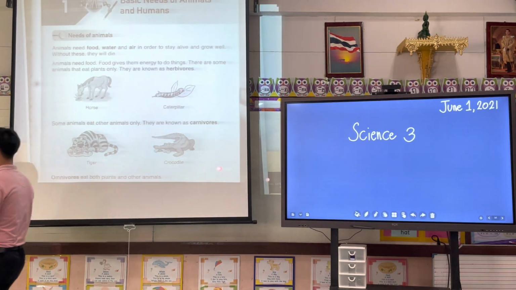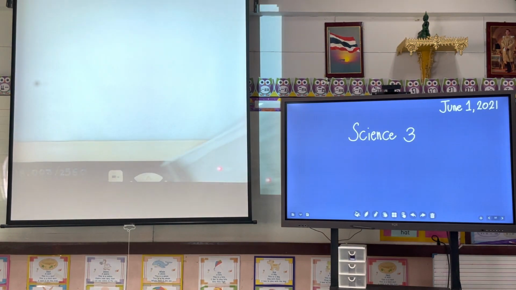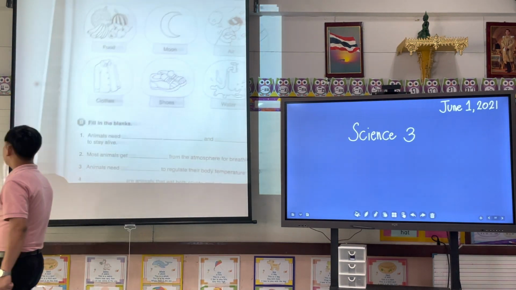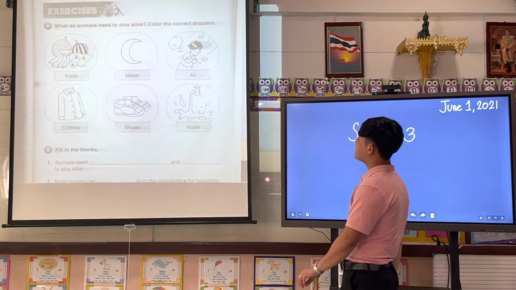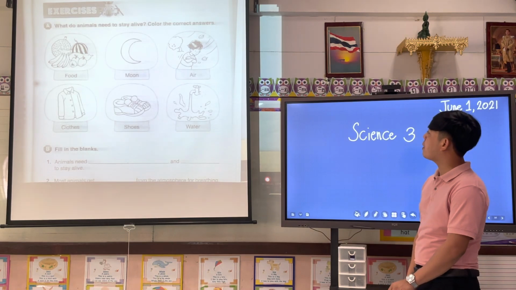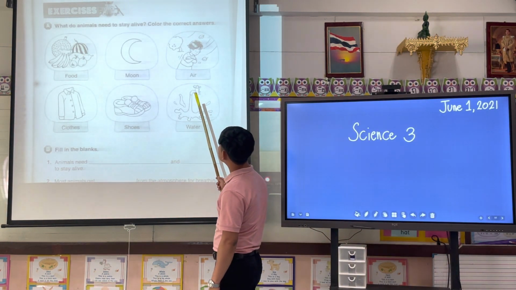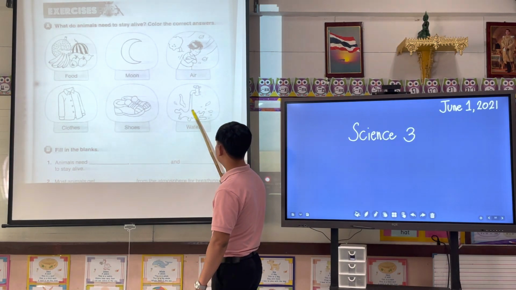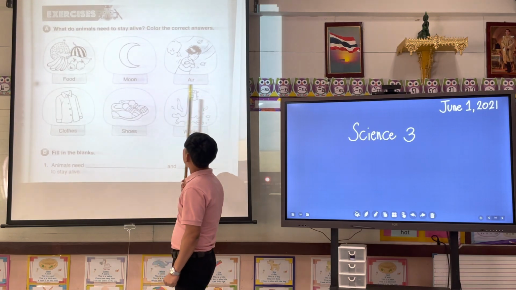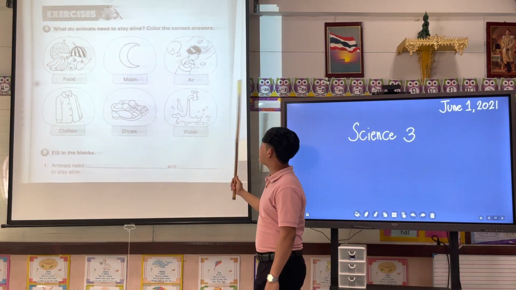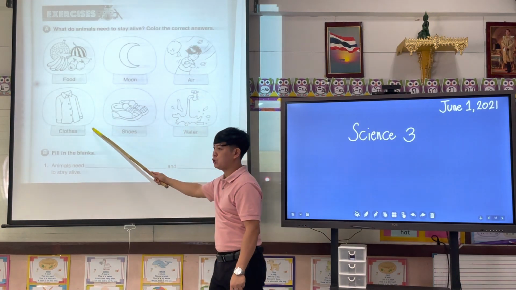Your homework is on page 5. What do animals need to stay alive? Color the correct answer. You need to color only the correct answer, not all these pictures.